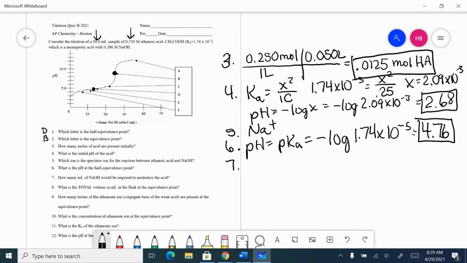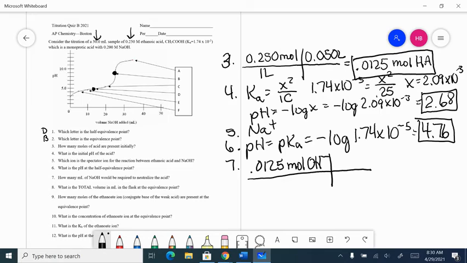Number 7 states how many milliliters of NaOH would be required to neutralize the acid. This is also 1-to-1, so I have 0.0125 moles of acid that has 0.0125 moles of H+. It would take 0.0125 moles of OH minus. And this is a 1-to-1 net ionic equation.